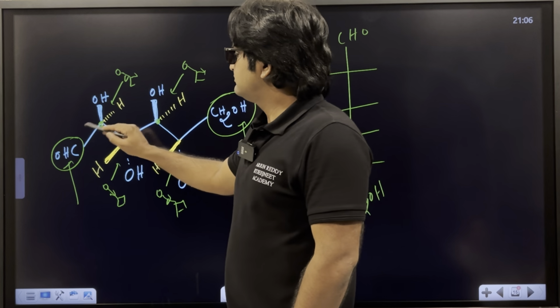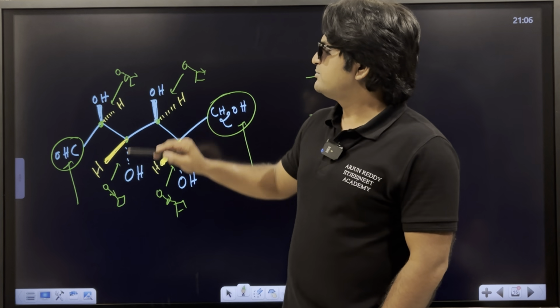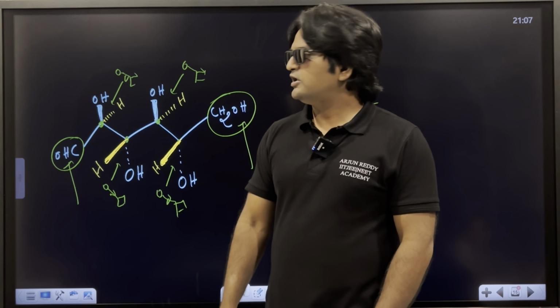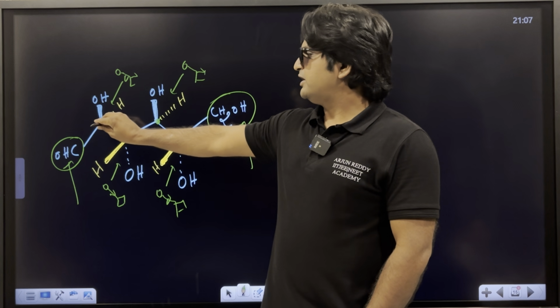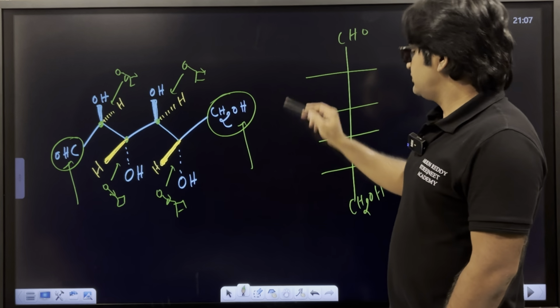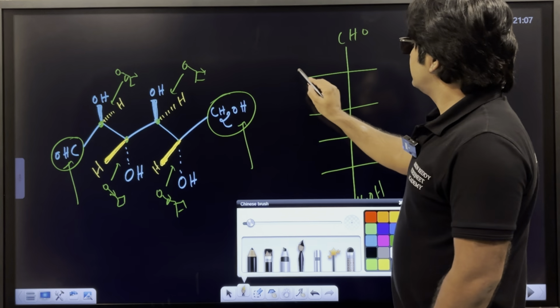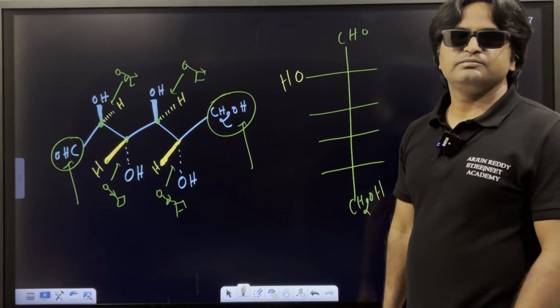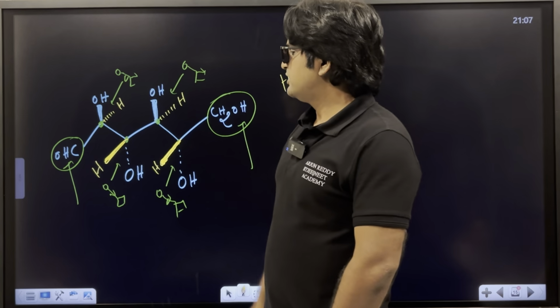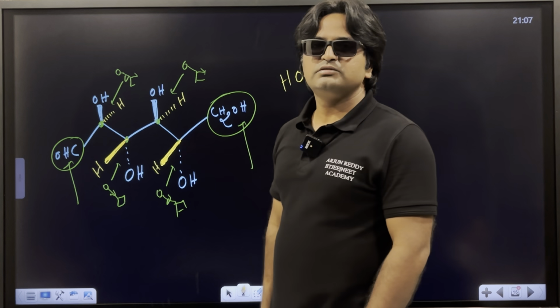Come to this carbon atom. How to arrange groups? According to this person, this OH is front of plane or back of plane? Front of plane. That means left side or right side? Left side. Simply here you write like this. This OH is on the left side. And come to this carbon atom. Now at this carbon atom, what is the position of hydrogen?